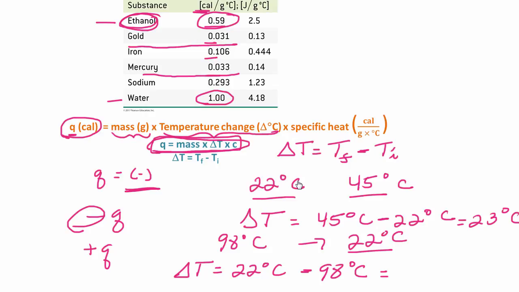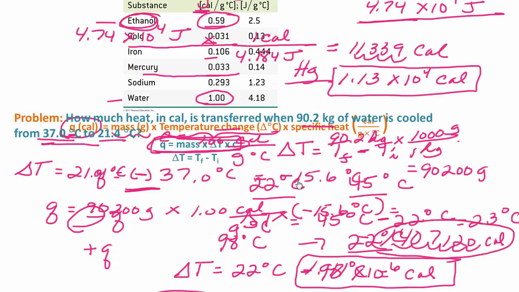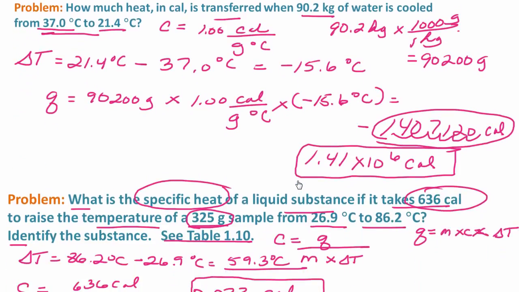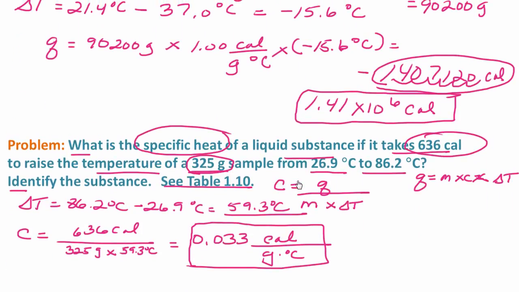They're pretty close there. But I know for a fact that it is mercury, because if you look at the wording of the original problem, we're told that the substance is a liquid. And we know that mercury is a liquid. Even though it's a metal, it's a liquid at standard temperatures and pressures. So I would say the identity would be mercury.